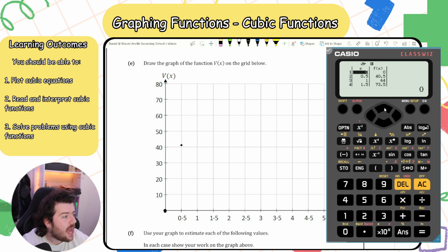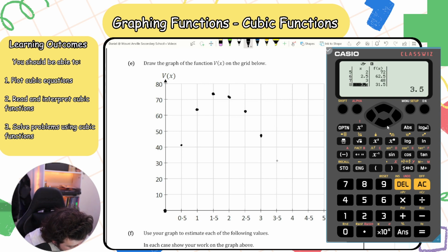Some people get confused with that. 64 will be around here. 1.5 is 73.5, so that'll be around here. 72 is around here. 2.5, 62.5, so that'll be here. 48 is around here. 3.5, 31.5, around here. 4, 16.